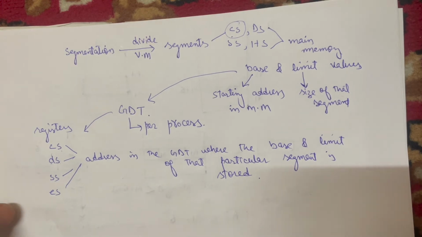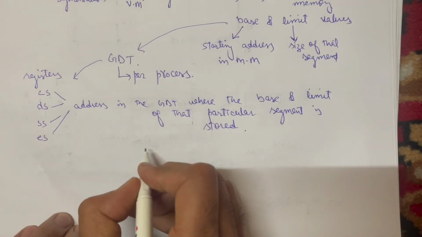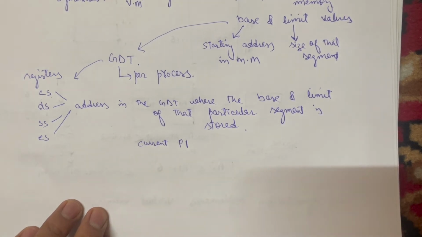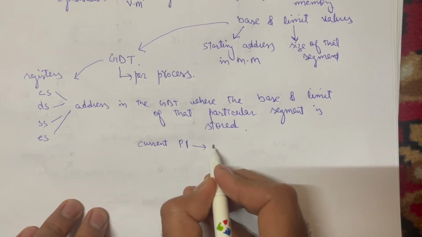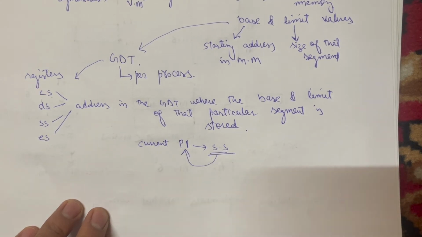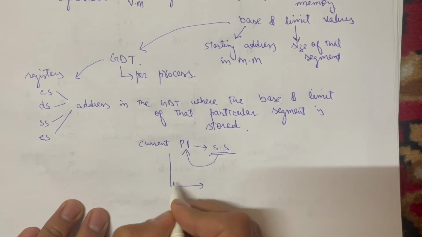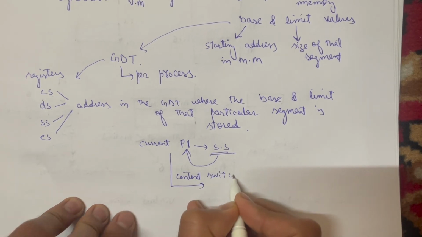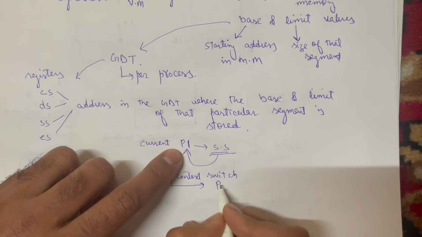Okay. And you have to remember, if currently process P1 is running, these segment registers will contain values related to P1. Now if I make a context switch, that means P1 is not running now, P2 is running.